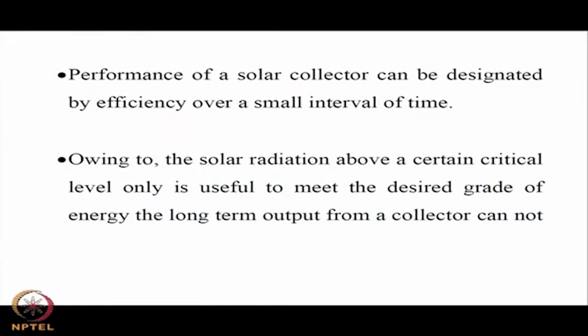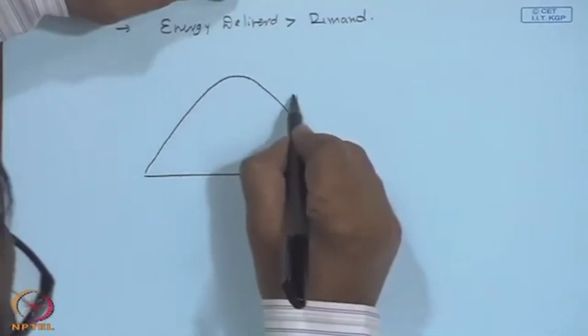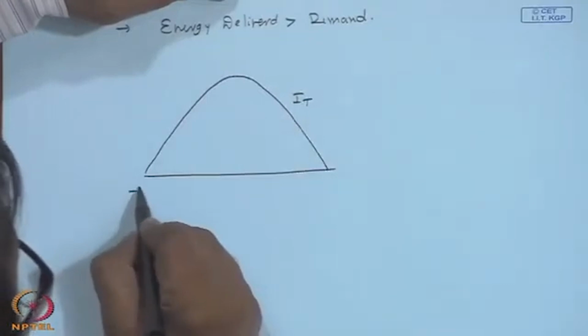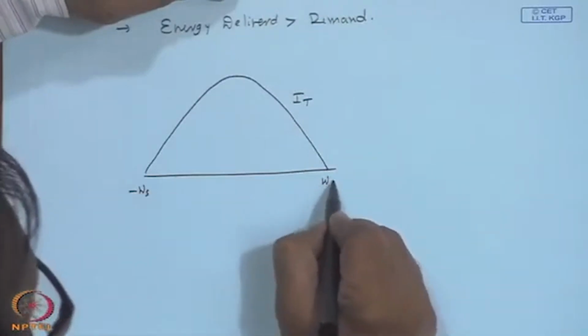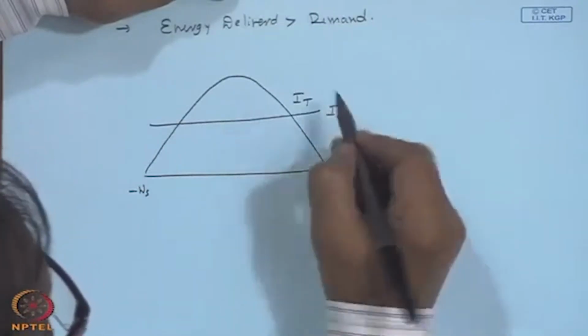So, we have for a small period of time the efficiency, but if you consider a long period of time, we have to consider the performance over short periods of time continuously for the period of 1 year or 1 month or whatever we want. And the other thing which I was mentioning, if you plot even an ideal day, a solar radiation profile on the collector surface from the sunrise to the sunset, and this is my so called critical radiation level.